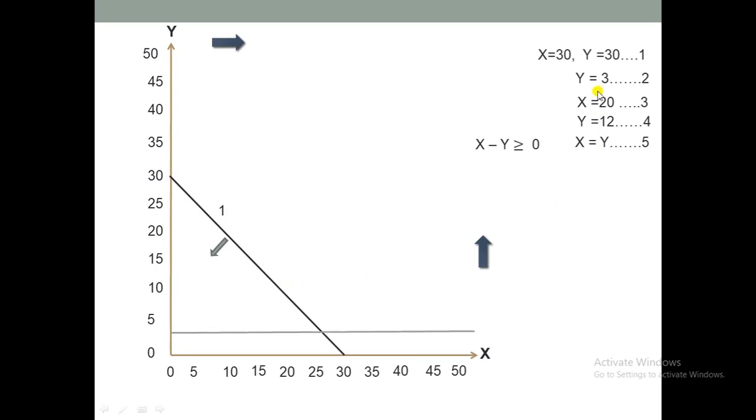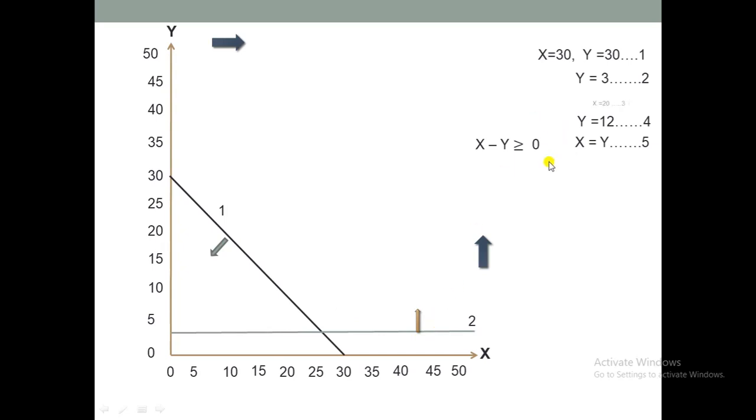Now second, y equal to 3, so the y equal to 3 line will be plotted here, parallel to the x-axis. This is the second line, and y was greater than 3. So greater than means above the line, lesser than means below the line.